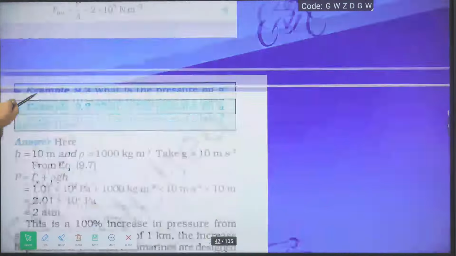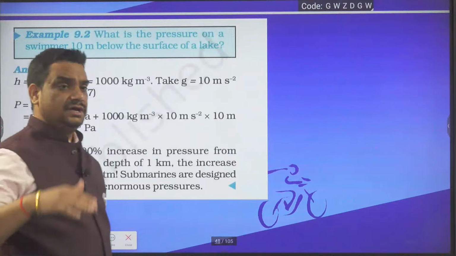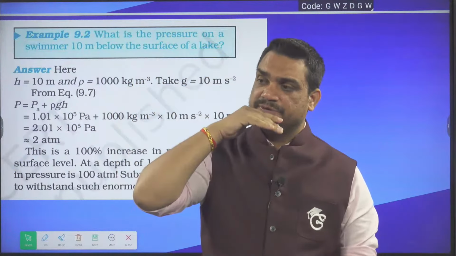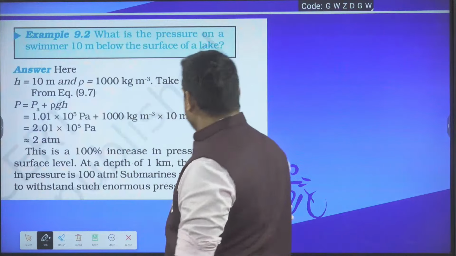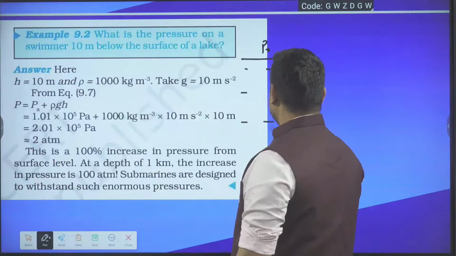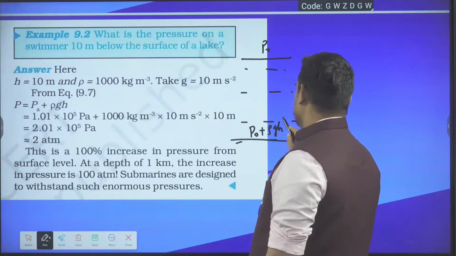Then they are asking what is the pressure on the swimmer 10 meter below the surface of the lake. Pressure on the swimmer will be given by P naught plus rho g h. At the surface this is P naught, but at depth we can write P naught plus rho g h.